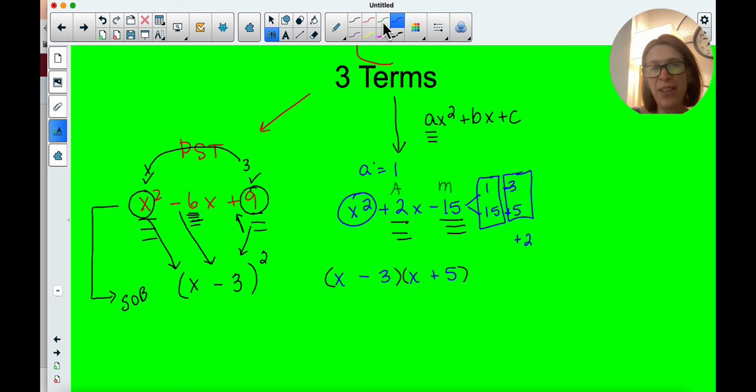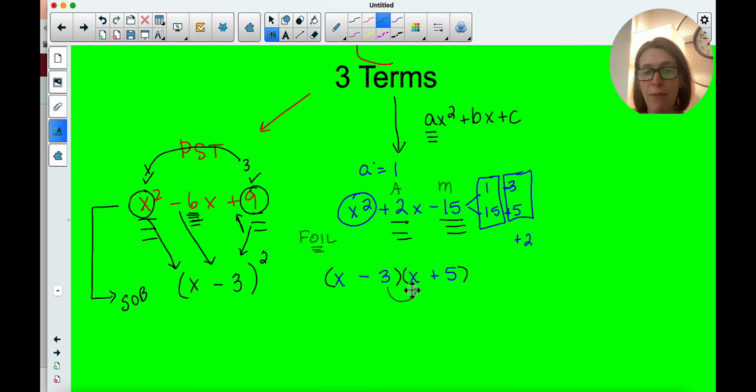Now, if you've watched my video on factoring when a is 1, you'll know that lots of teachers teach this method of multiplying called FOIL. I tend not to do that because it only works with trinomials and binomials. But if you are thinking about foiling or multiplying the two binomials, the ones that are hardest for kids are the O and the I if you have to multiply it back out.